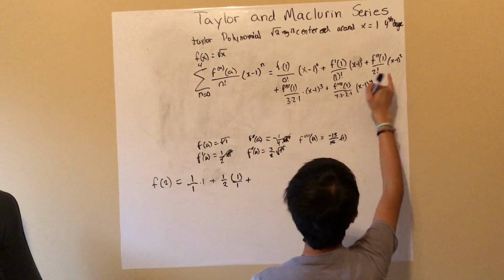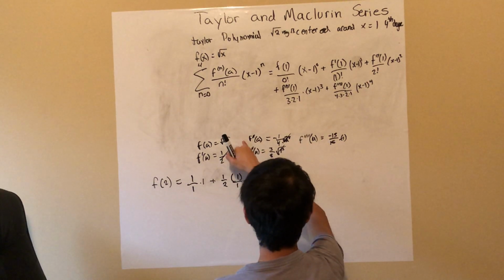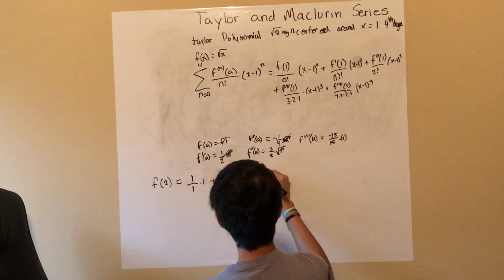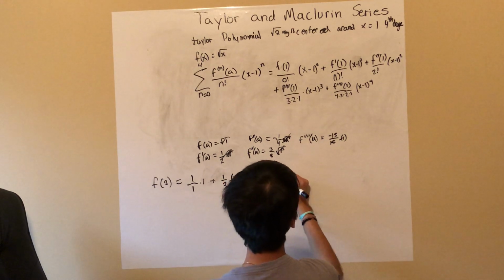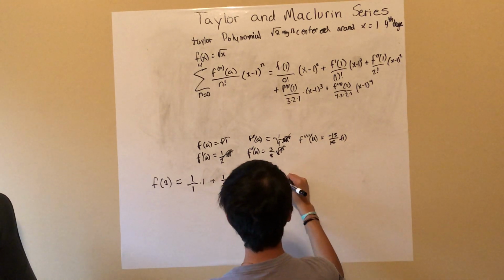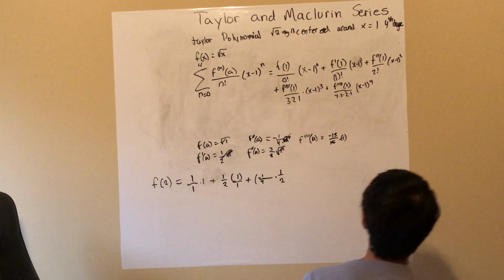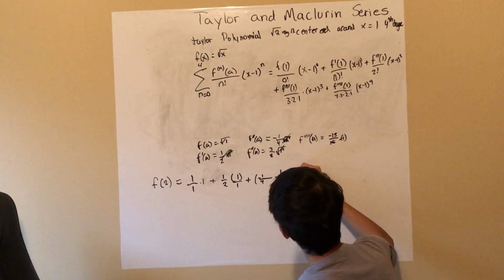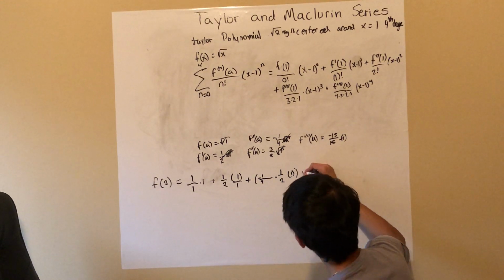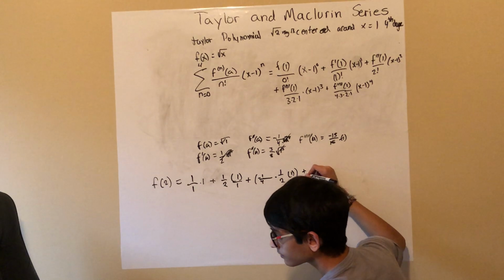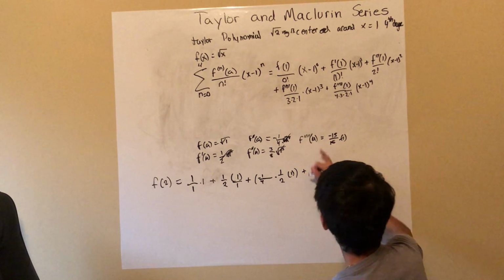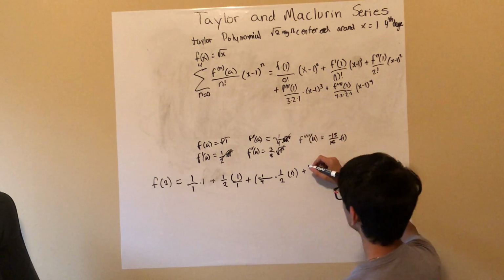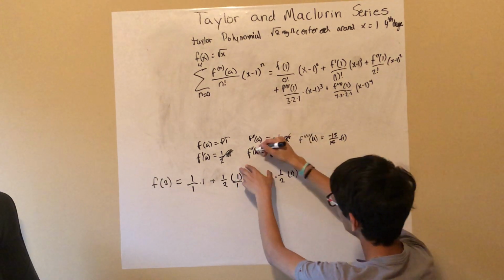Plus f double prime of 1, we can come up here. This is equal to negative 1 over 4 times 1/2, because that's what 2 factorial is equal to, times 1, right? Plus f triple prime, we found that, that's right here.